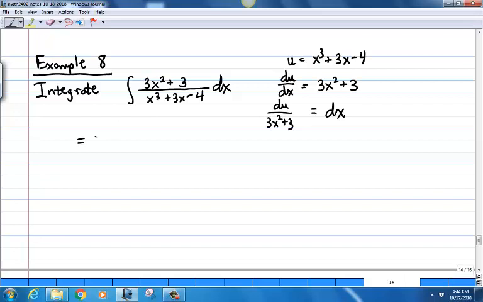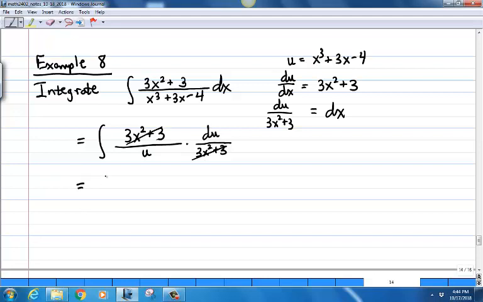So when we make our substitutions, we'll have the antiderivative of 3x squared plus 3 divided by u, right? Because I'm going to substitute u for the denominator here, and then times dx, which is du over 3x squared plus 3, right?